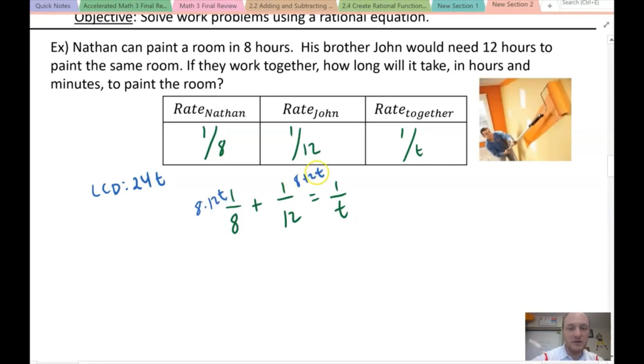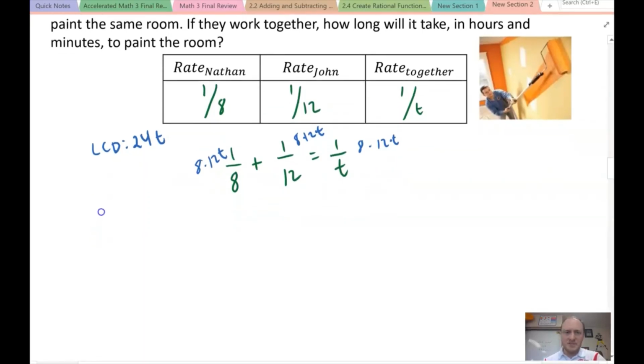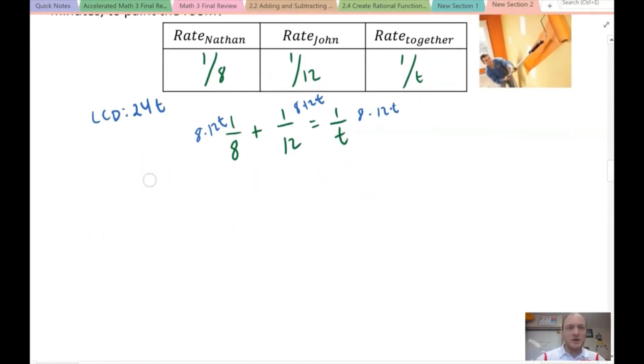So if you struggle with identifying the LCD, feel free to just multiply by all of the denominators, and everything will cancel out, right? But if you're quick with the LCD, you're like, hey, 24t will do the job. That can make your math simpler. So I'm just going to do it this way. Okay, so I have 8 cancels here, 12 cancels here, and t cancels here.